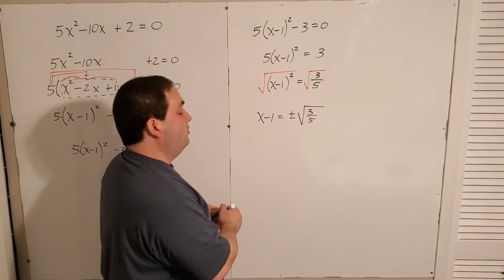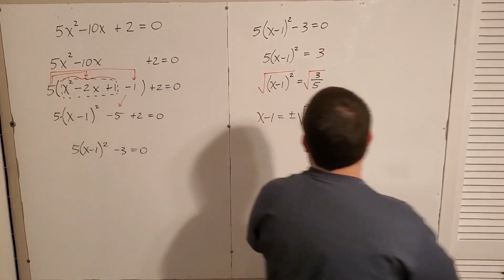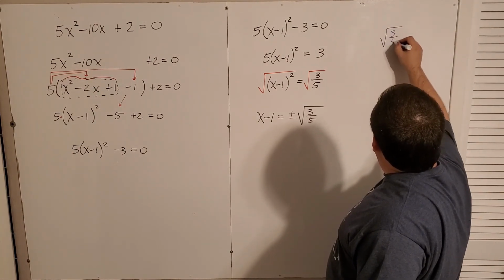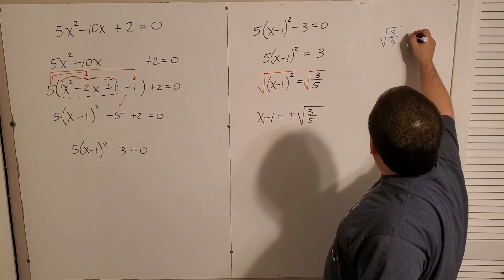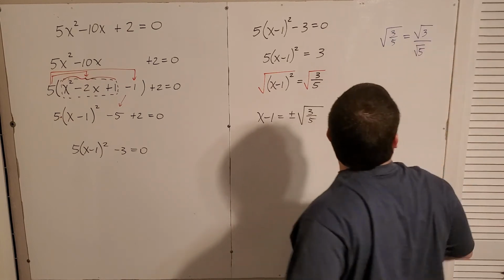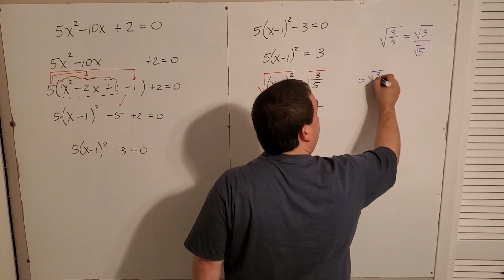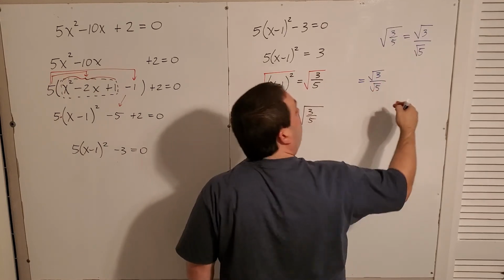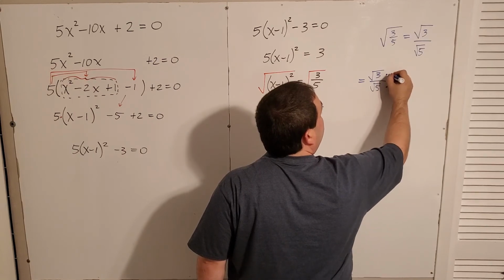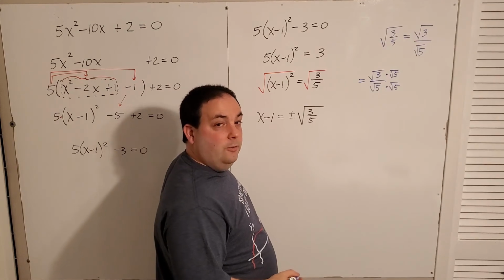So I'm gonna do a little work on this piece right here for just a moment, right? The square root of 3/5 is the same thing as the square root of 3 over the square root of 5. Okay, well from there, I'm going to multiply numerator and denominator by square root of 5. Right? That was our technique for rationalizing the denominator.